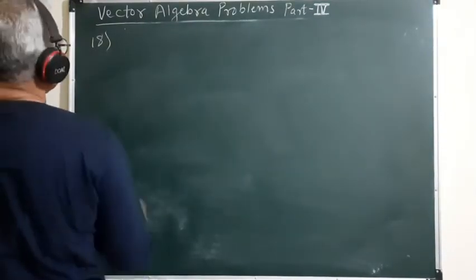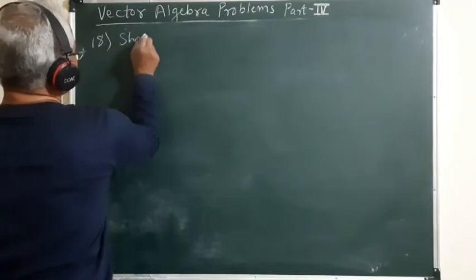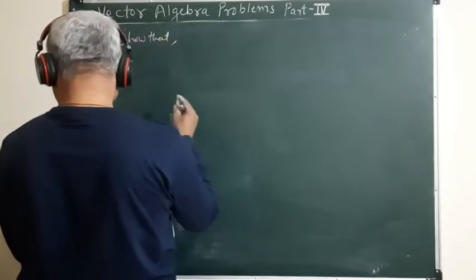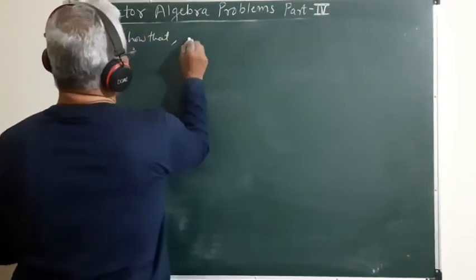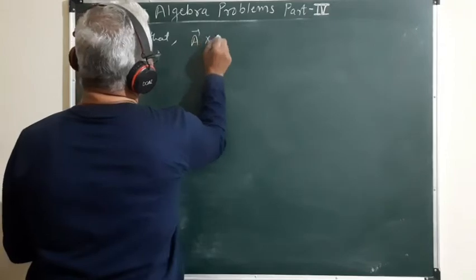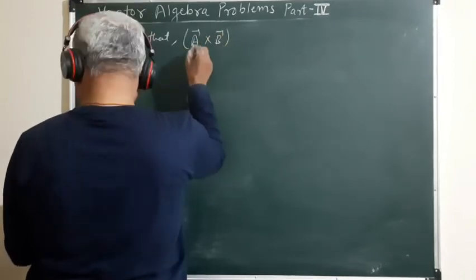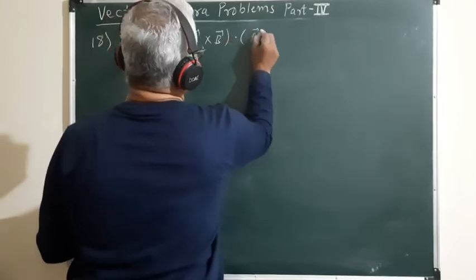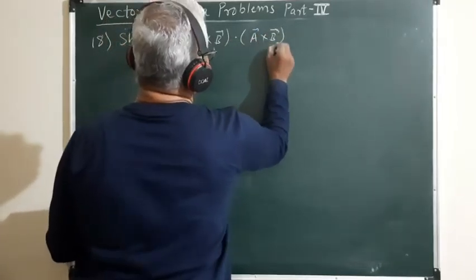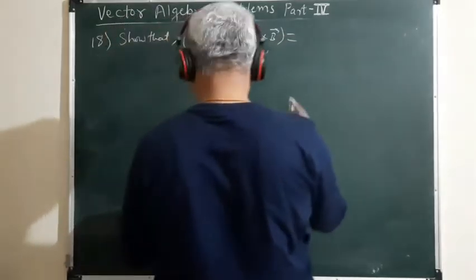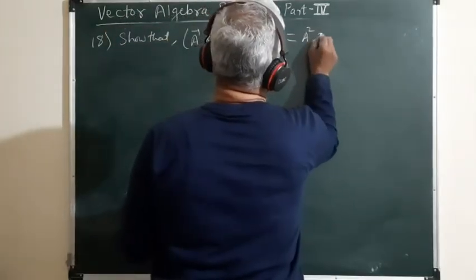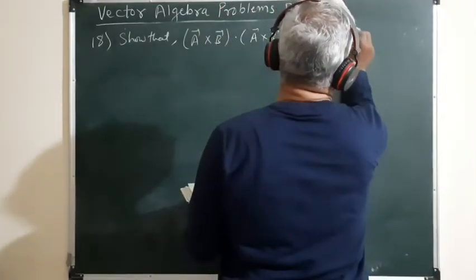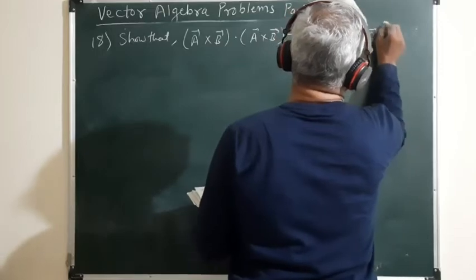You are asked to show that a bar cross b bar dot a bar cross b bar is equal to a square b square minus a bar dot b bar bracket square.